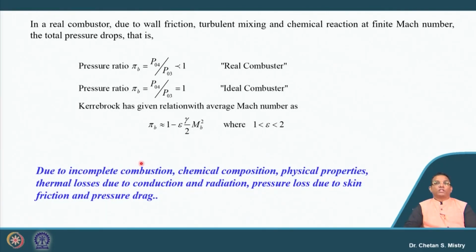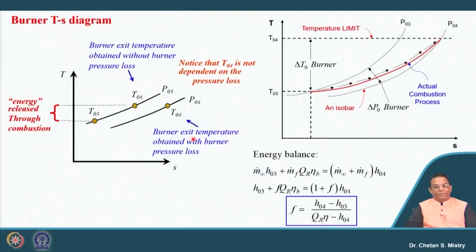All this together makes the ideal combustor and real combustor different. So, Kerrebrock has defined this pressure ratio or the loss that is happening in the combustor as a function of the Mach number inside the combustor, defined as a dynamic pressure. Okay.